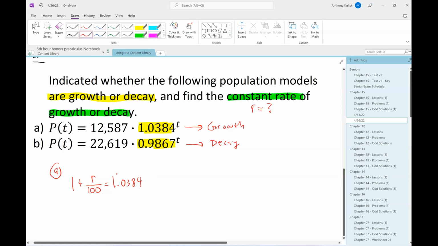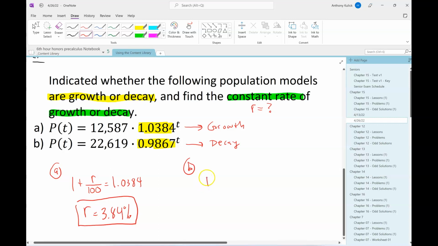Everybody feel cool with that? So we can solve for r by subtracting the 1 and then multiplying by 100. Feel good there?